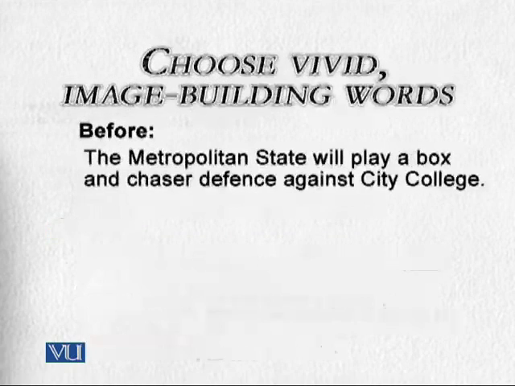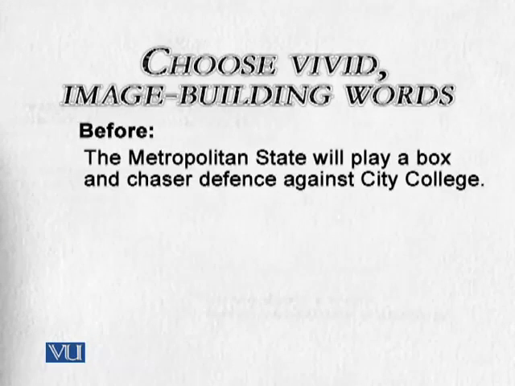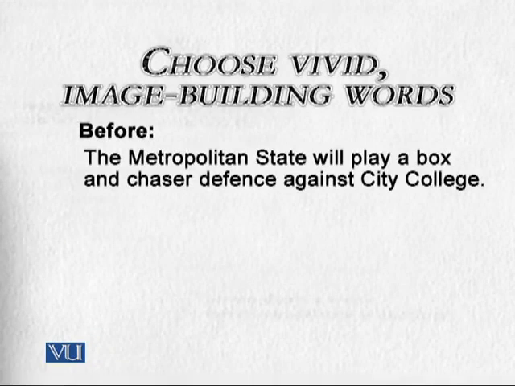One more example. The metropolitan state will play a box and chaser defense against City College. Box and chaser is a technical term which we use actually in basketball. Not everybody would know what is box and chaser defense.